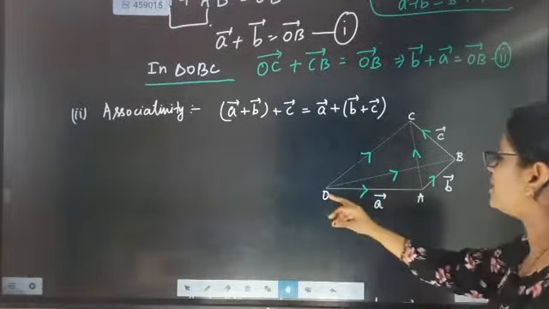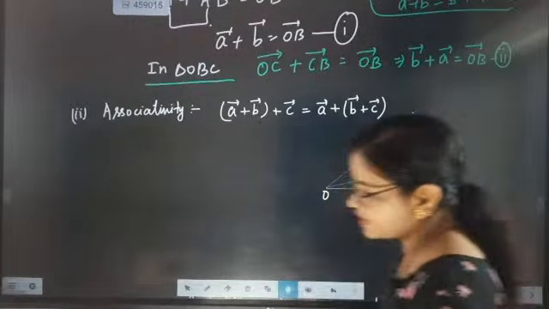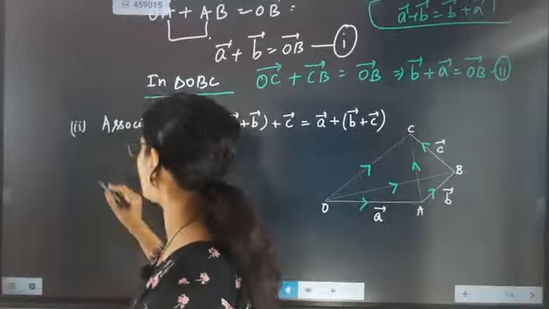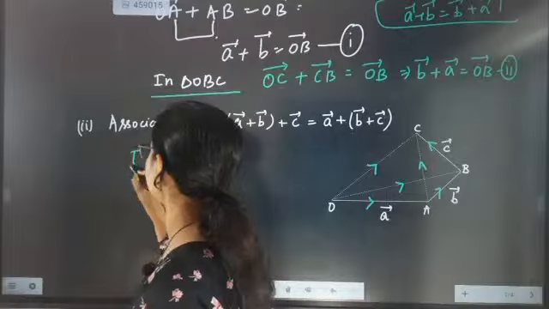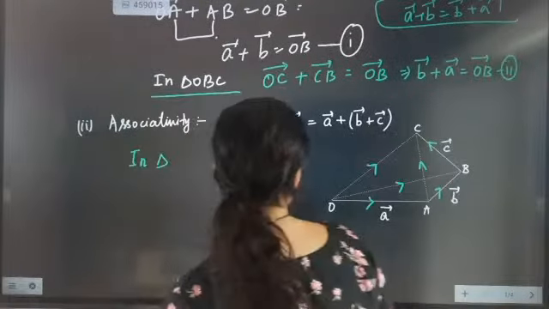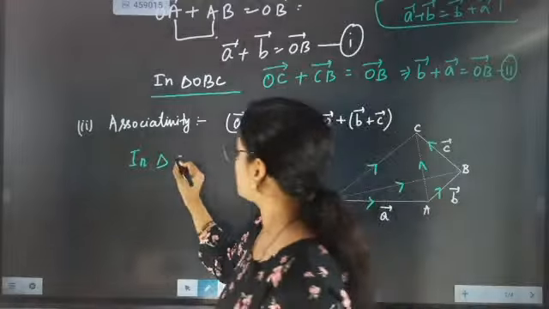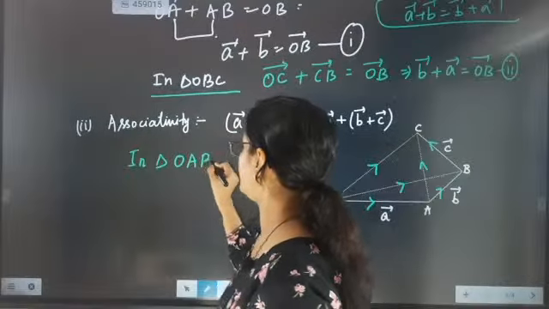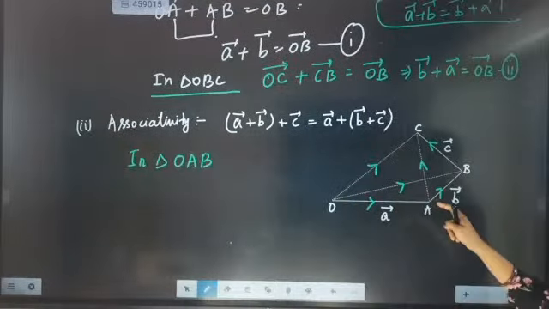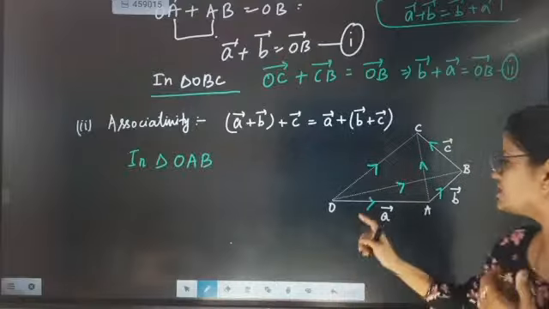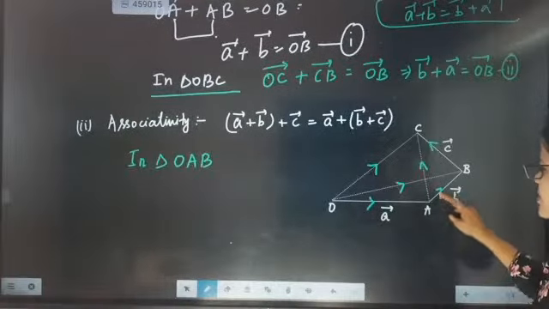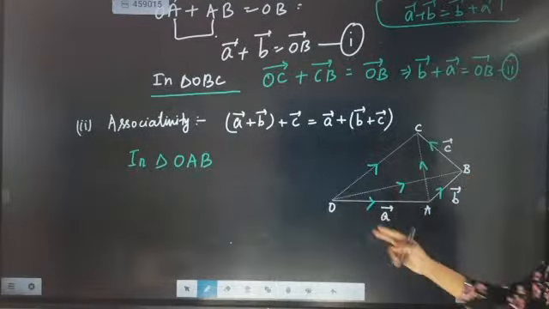First, shall we go by triangle OAB? In a triangle, we will always follow the triangle law of vector addition. So first I am going by triangle OAB. See the arms. In this OAB, OA plus AB will become OB.